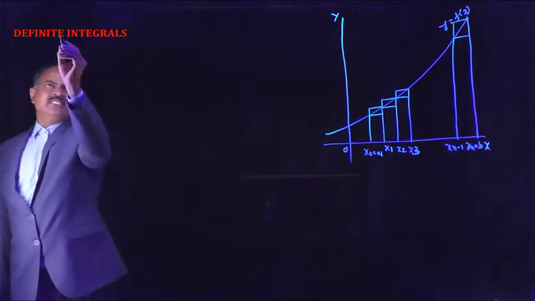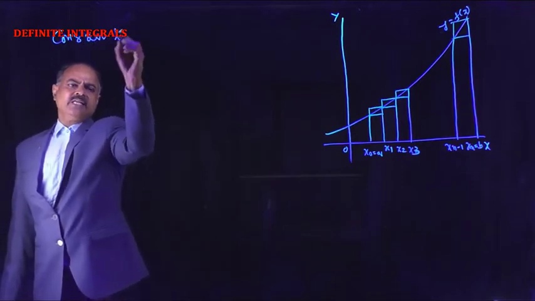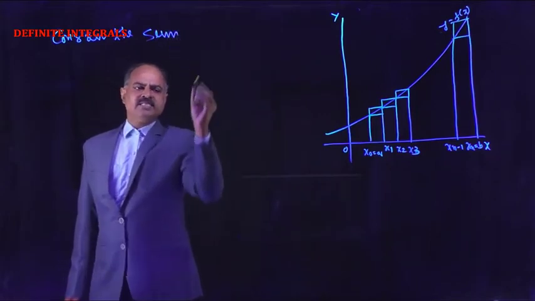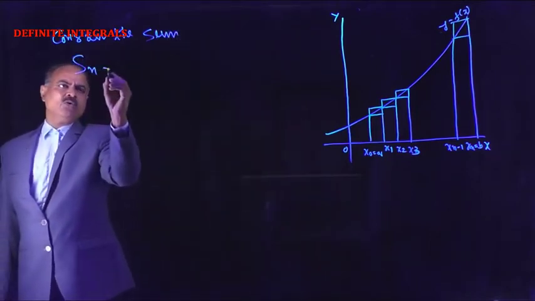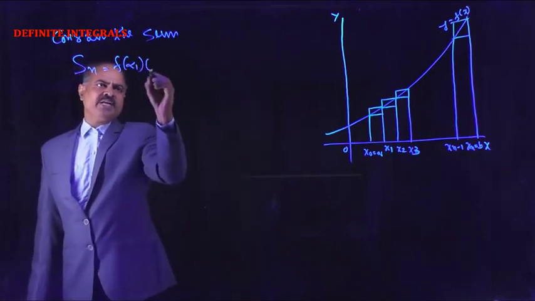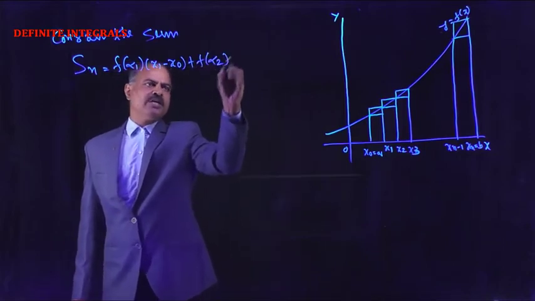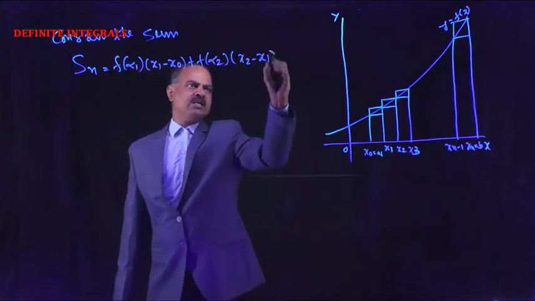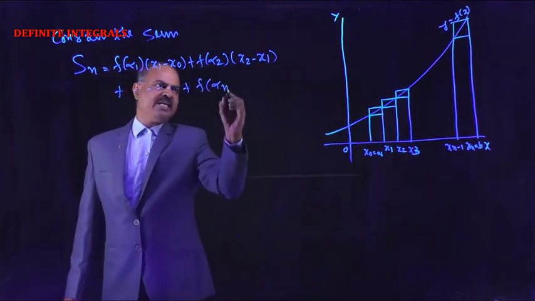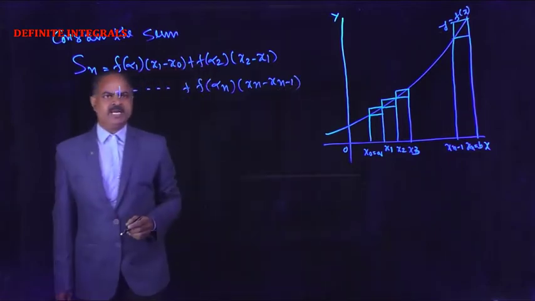Consider the sum Sn equal to f of alpha 1 into x1 minus x naught plus f of alpha 2 into x2 minus x1 plus and so on plus f of alpha n into xn minus xn minus 1.